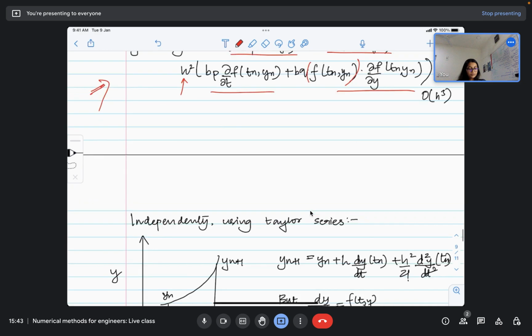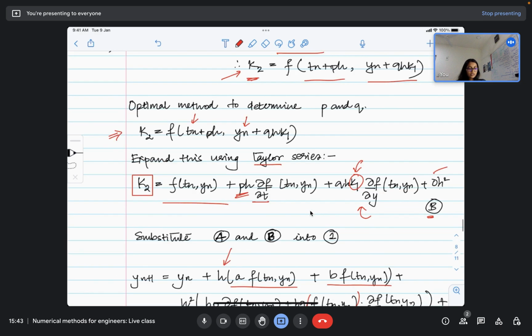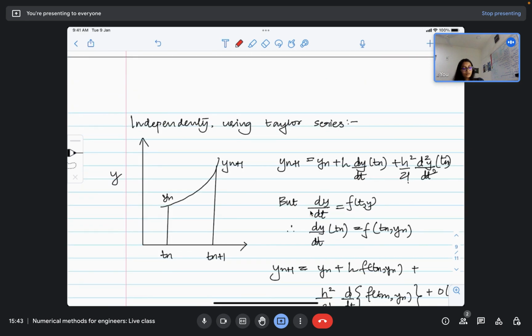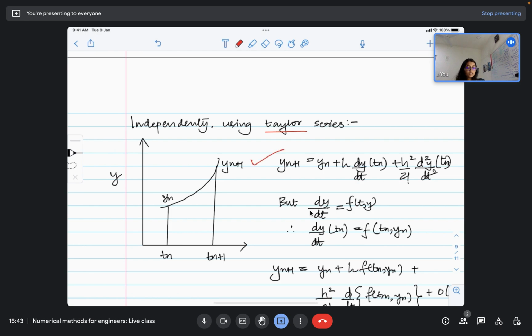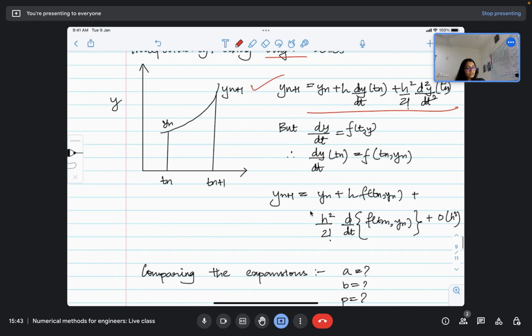So this was deriving from the RK perspective. Simultaneously, we can also use the Taylor series expansion to understand the expression, okay, where we know that the Taylor series expansion of yn plus 1 can be written in this format. And also we know that dy by dt is basically the function of t and y. Okay, and the value that we have of time is tn, so it is basically a function of tn and yn.